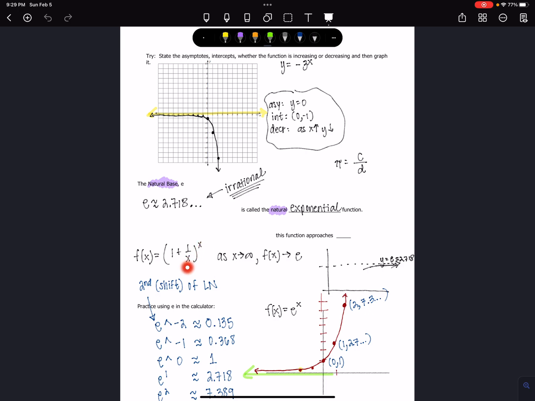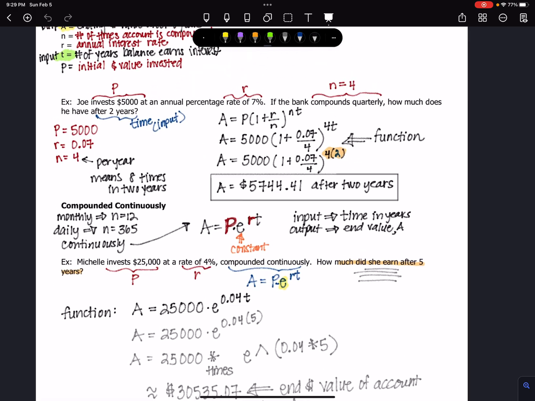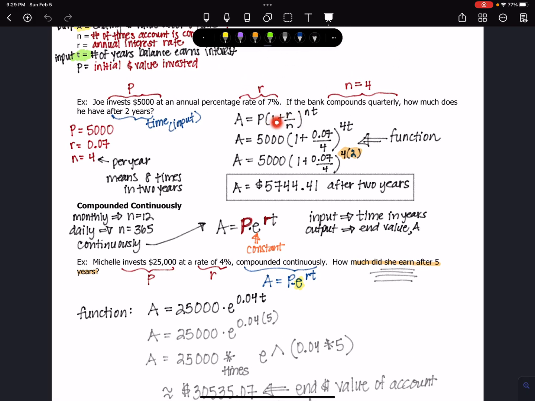An infinite number. So as x gets really, really big, this value right here approaches e. And that's why this is replaced with e. Pretty cool stuff there.